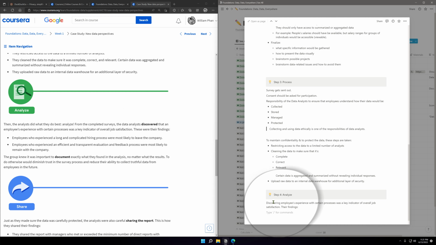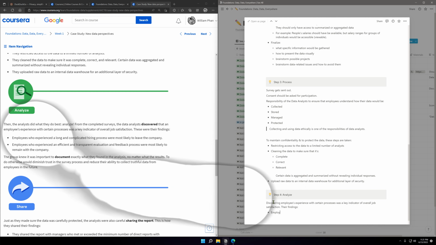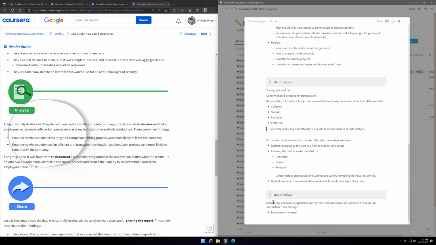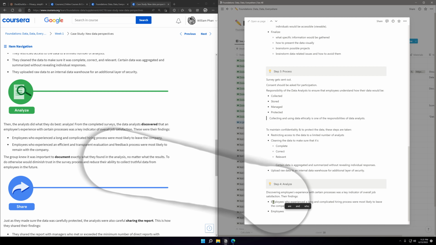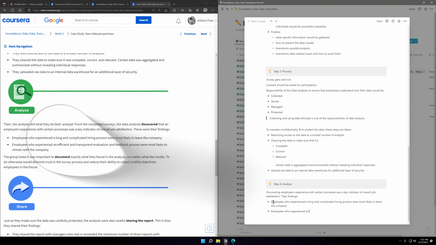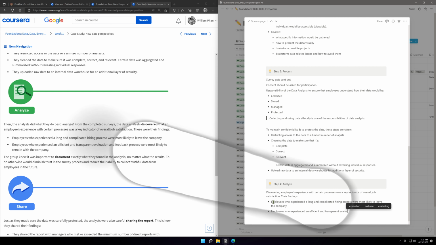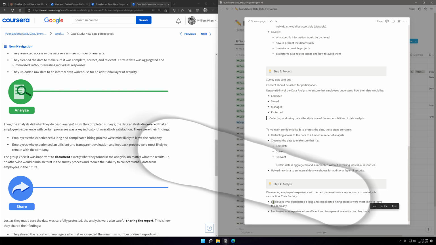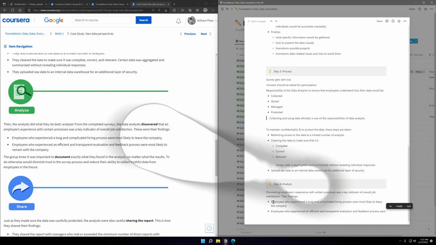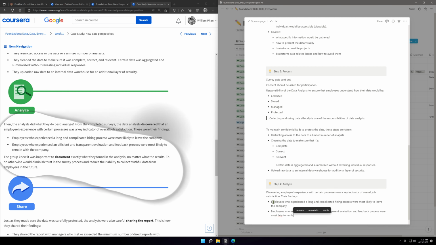Findings: employees who experienced a long and complicated hiring process are likely to leave the company. Employees who experienced efficient and transparent evaluation and feedback were most likely to remain.